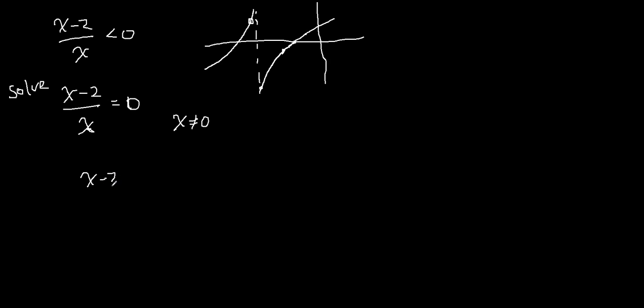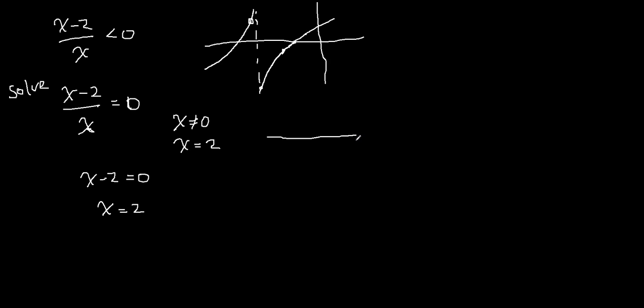Because if x - 2 equals 0, then 0 over anything, x, will just be equal to 0. So when x equals 2, the value of this function will be 0. So we have x cannot be equal to 0, which gives you an asymptote, and this function is equal to 0 when x equals 2.